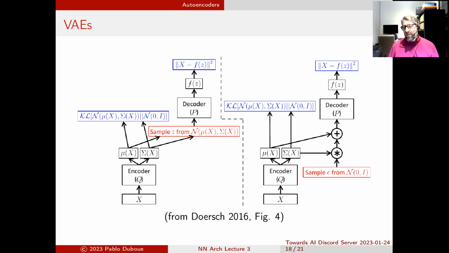This is very, very much rooted in information theory. As you can see, the encoder uses as its training objective that the KL divergence between the samples we are observing and the parameters we are obtaining from the encoder is as close as possible.